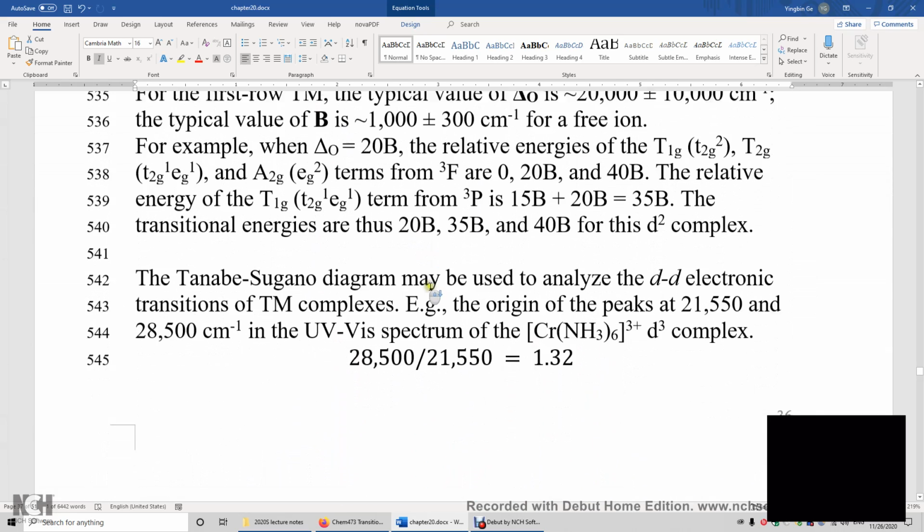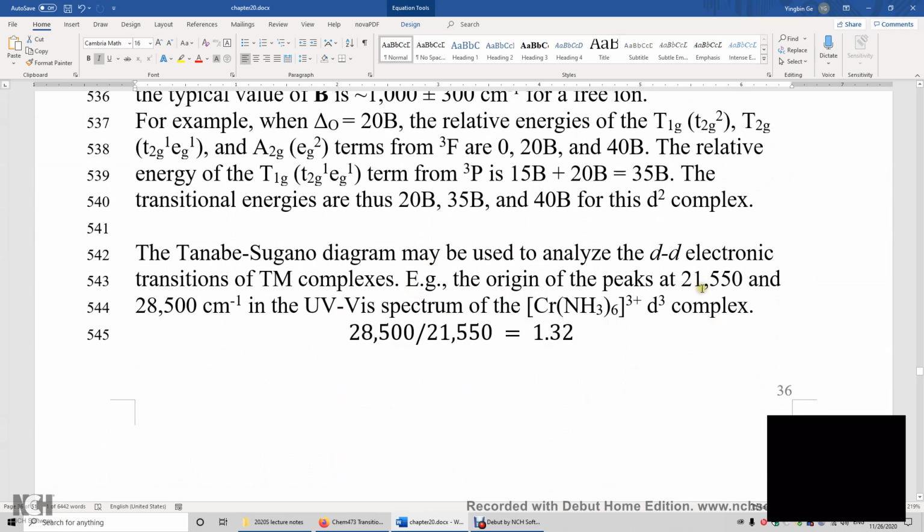Another way to solve the same problem is this. We have these two wave numbers, 28,500 and 21,500. And we know the difference between 3F and 3P is 15B. This equation was proposed by Racah, and A, B, C are Racah parameters.